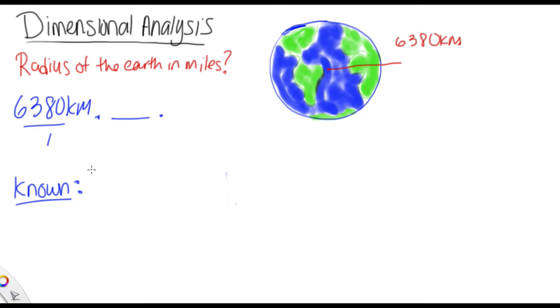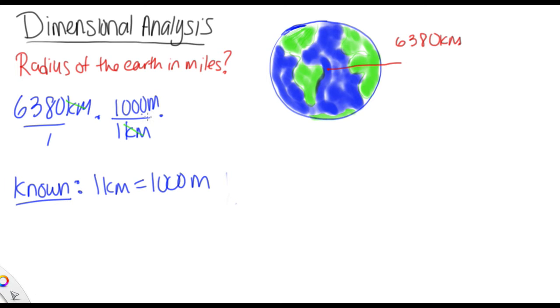Well, we have that 1 kilometer equals 1,000 meters. So we can put 1 kilometer here. It's the equivalent of 1,000 meters. Okay, that allows us to cancel kilometers.